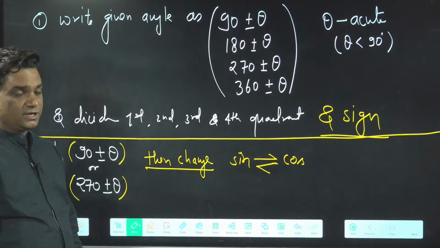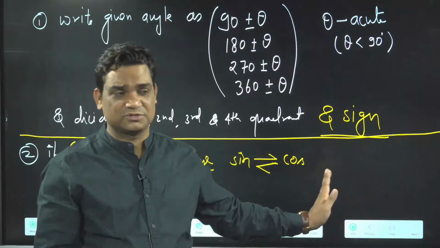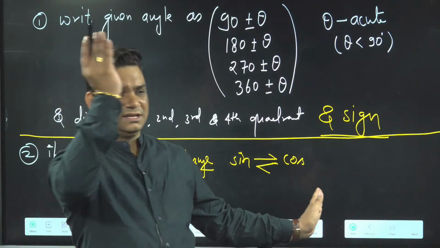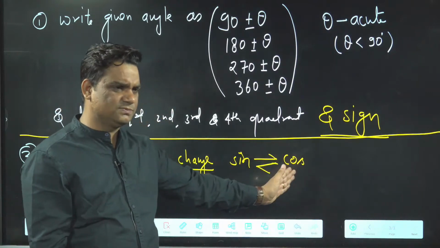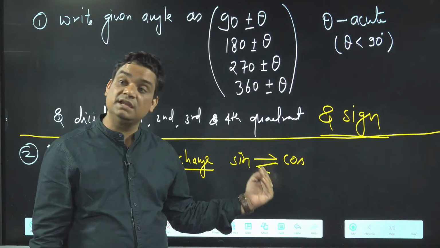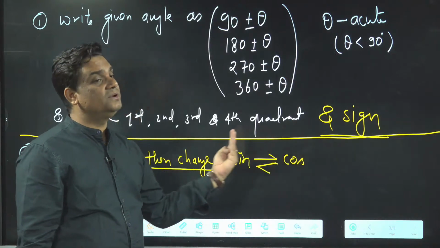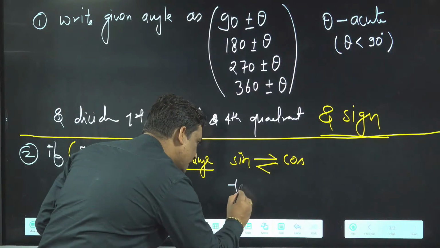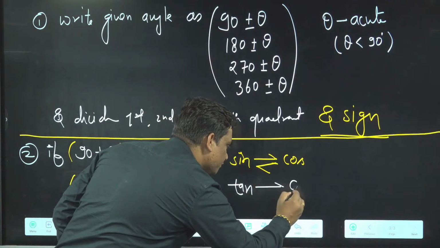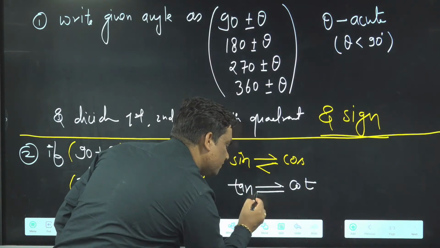You can ask, sir, why does this change happen? Of course, proof is there. Using the basic identities, we can prove this one. But now we are going to remember sine will convert into cos, cos will convert into sine. What about tan? Tan will convert into cot, and cot will convert into tan.